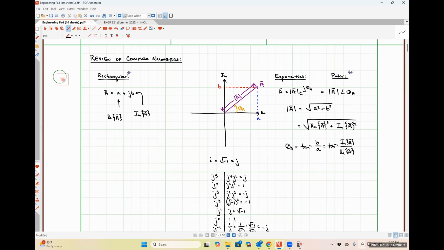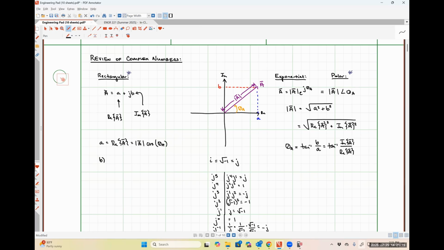If we want to go in the opposite direction, it's not particularly difficult. So we could say that a, which is just the real part of complex number A, is going to be the magnitude of our complex number times the cosine of our angle.